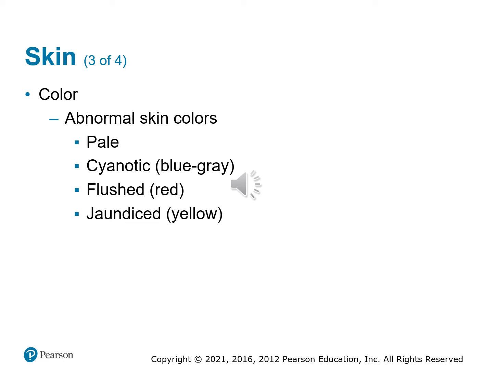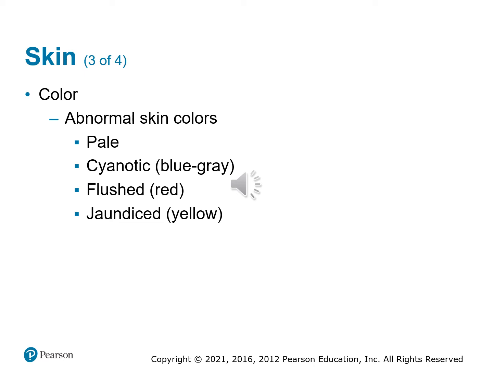If you start seeing some abnormal colors such as pale, which is a lighter pink or white-looking color, that's abnormal. Cyanotic, which would be considered blue or gray. Flushed would be a red color, and then jaundiced will show you a yellow color.